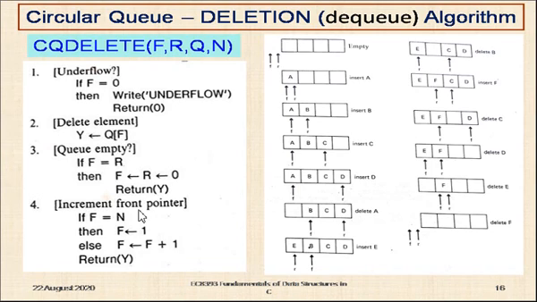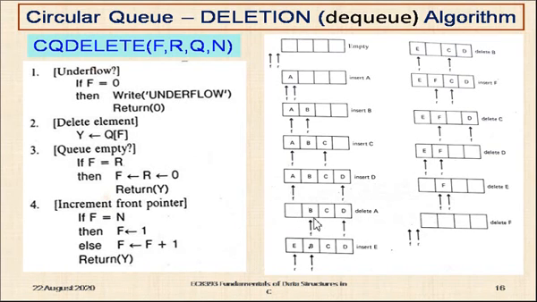After that, it has to adjust the pointer. That's what it is checking. If f is equal to n, then it will place the front pointer at the first position. Here it is not so, the condition fails, so it will come to the else case. F is equal to f plus 1.